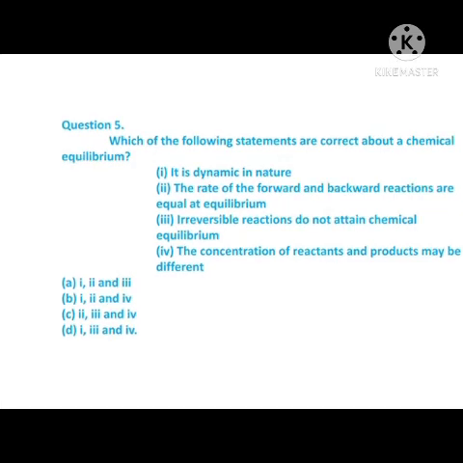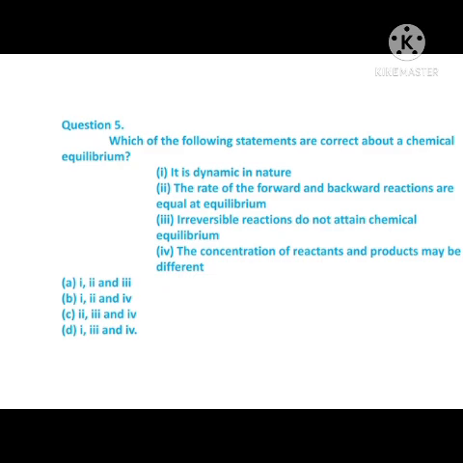Fifth question: which one of the following statements is correct about chemical equilibrium? Already we have studied the characteristics of chemical equilibrium. One of the characteristics is dynamic in nature, so the first point is correct. Next, the rates of the forward and backward reactions are equal at the equilibrium point, so the second statement is also correct.